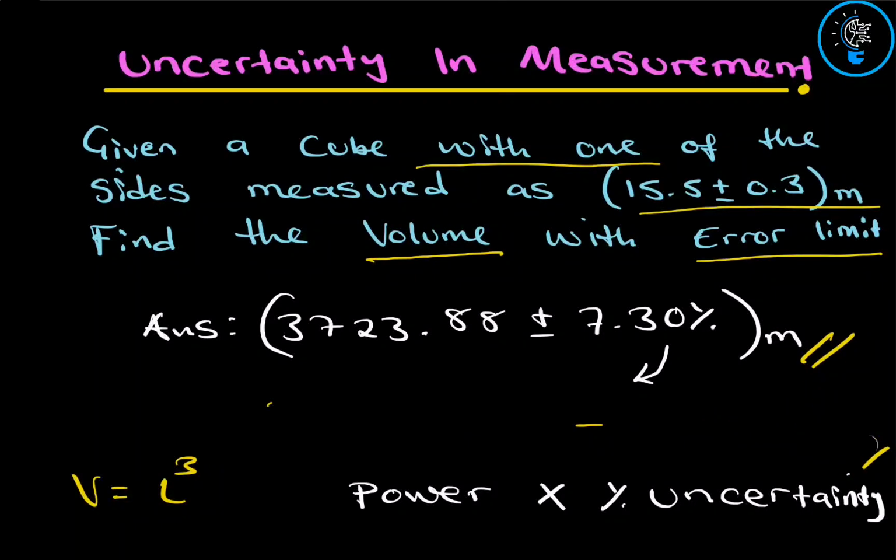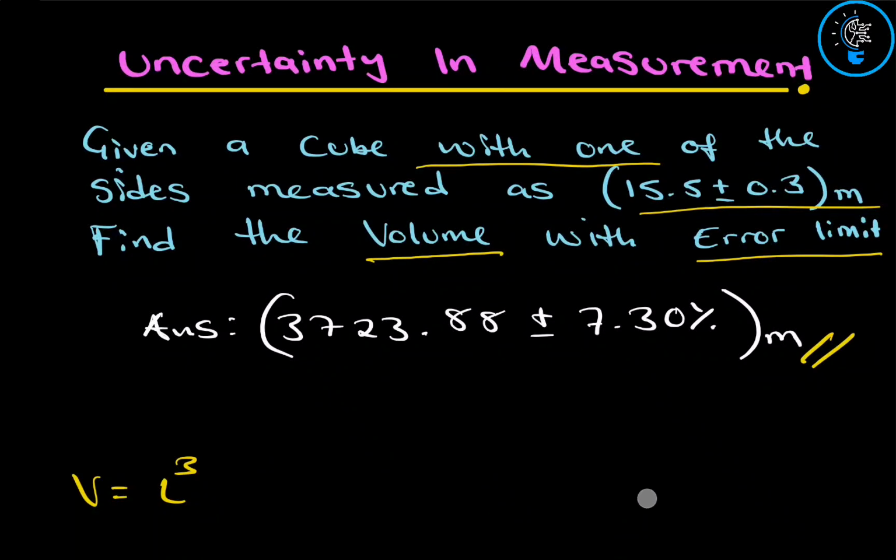Okay, let's do it. We are using this formula this time. So the central value will be the same, but let's see whether we are going to get the same uncertainty.